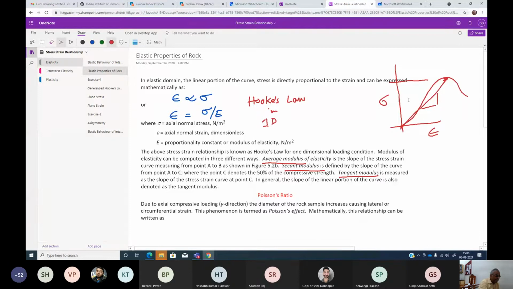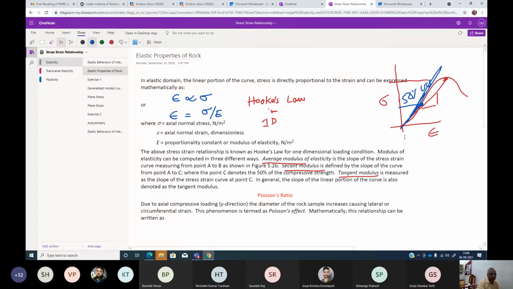Then if you take a midpoint of UCS, so this is 50% of UCS, and if you join, we normally call it secant modulus, that is like the 50%. And tangent modulus is, at 50%, the tangent of this.